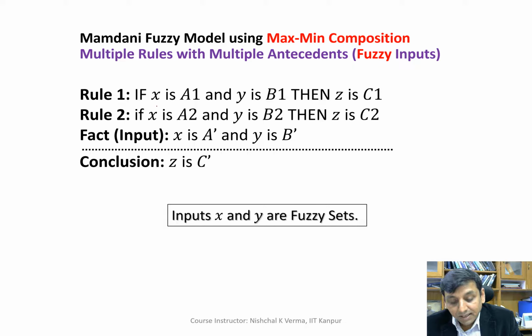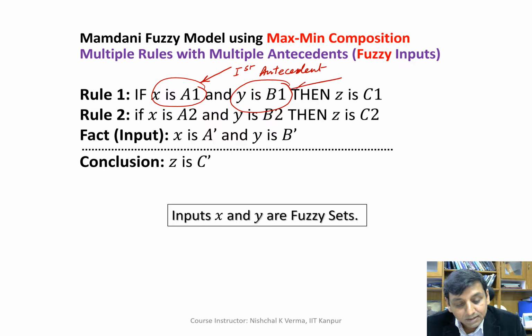make it very clear that we have this as the first antecedent, and then we have the second antecedent. And we have two rules. So two rules, two antecedents. And we already know that this is the premise part and this is the consequent part.